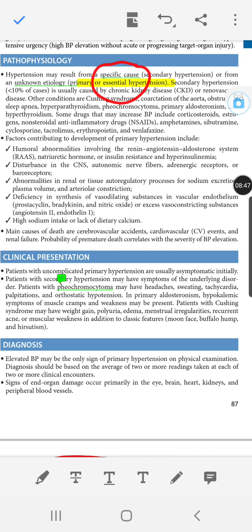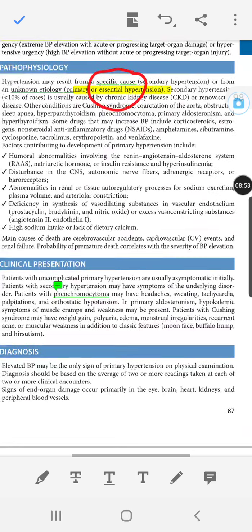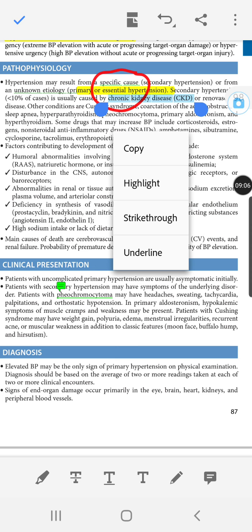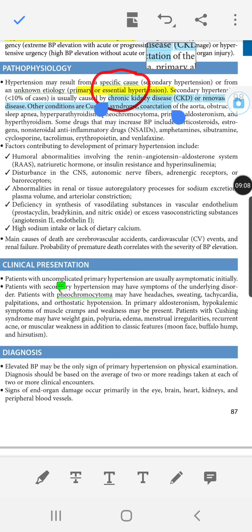Secondary hypertension, less than 10% of cases, is usually caused by CKD, chronic kidney disease. If the person is suffering with a kidney problem or having kidney injury, then he definitely suffers with hypertension too, which is a secondary cause of hypertension, or renovascular disease.